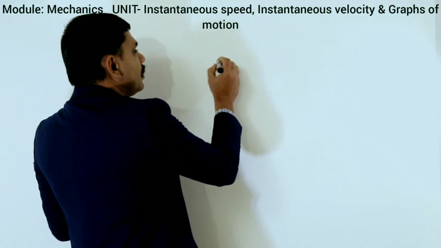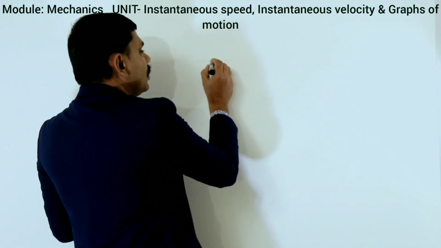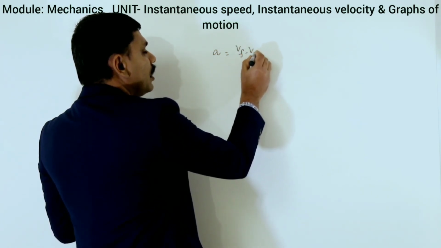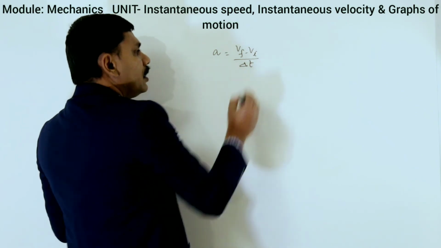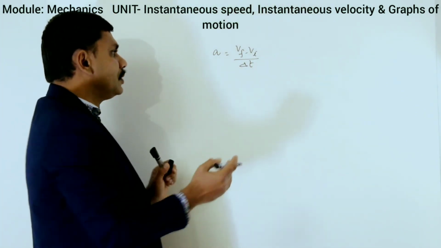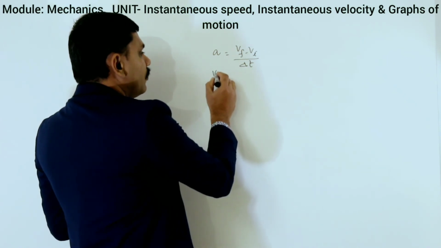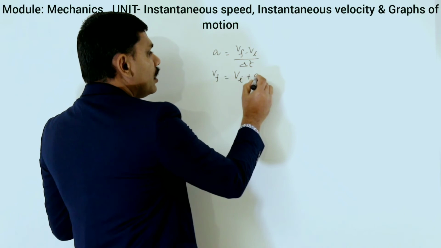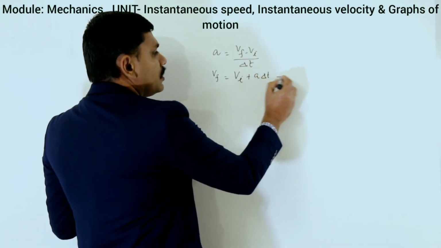The first one you can form from the basic equation, A equal to Vf minus Vi divided by delta t. That is, acceleration equals change in velocity divided by change in time. By cross multiplying, Vf equals Vi plus A delta t. This is the first equation.